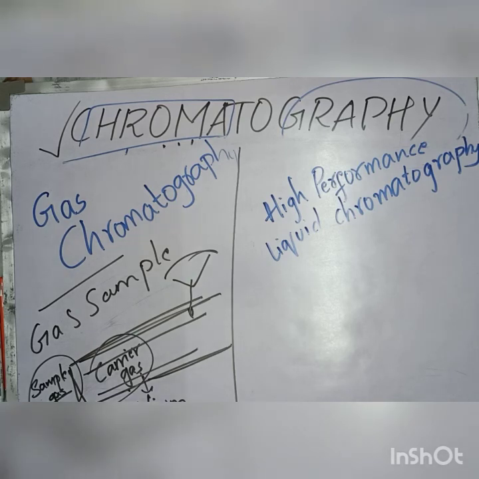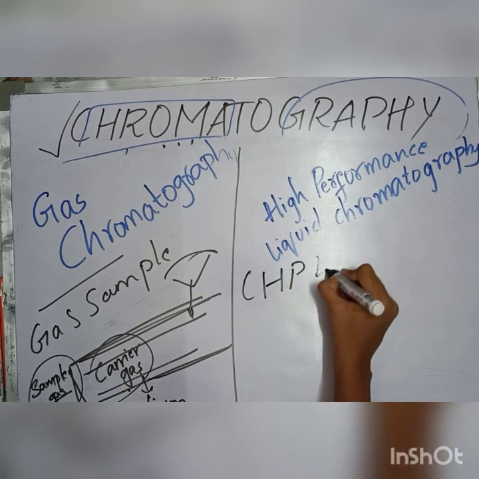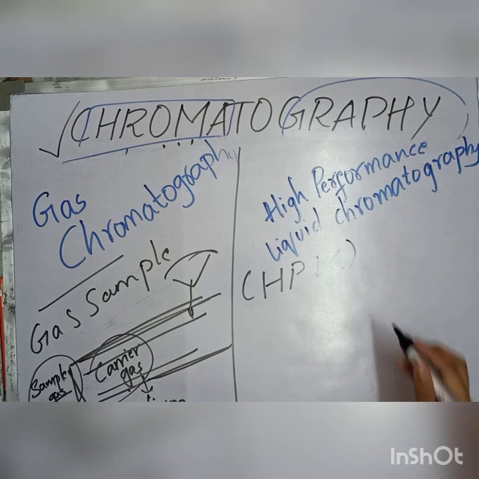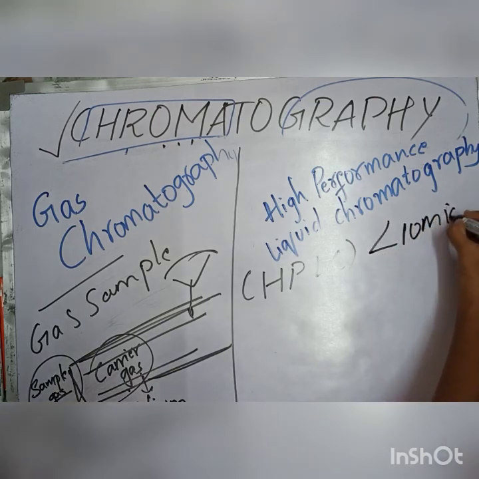And the last one is high performance liquid chromatography, which is commonly called HPLC, right? High performance liquid chromatography is used to separate components which are less than 10 microns in size.